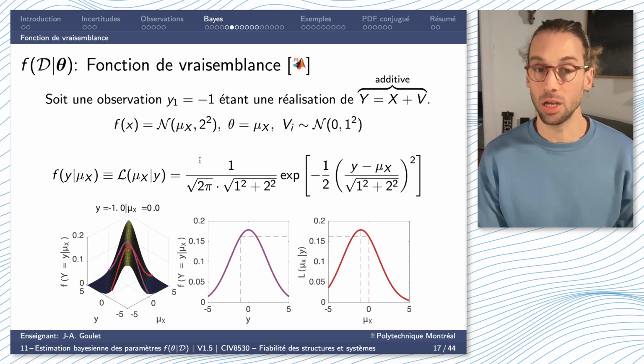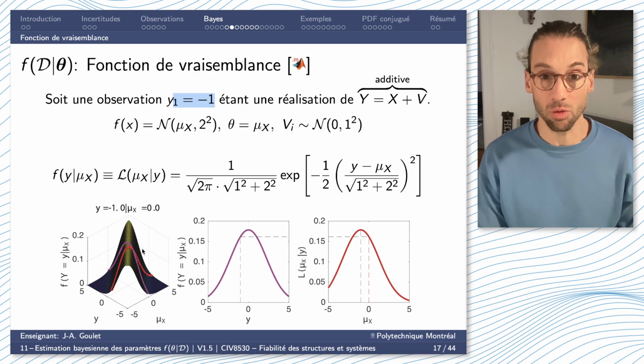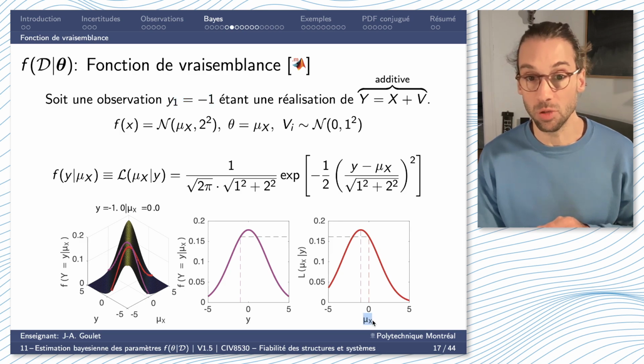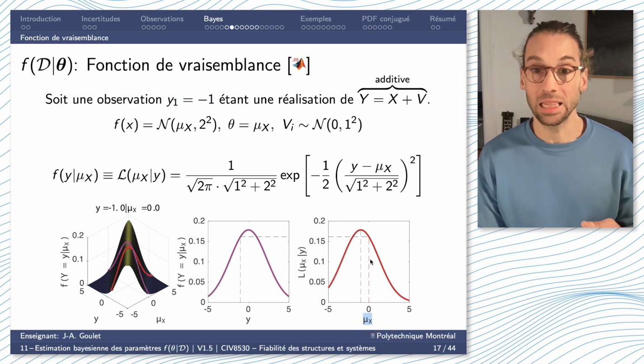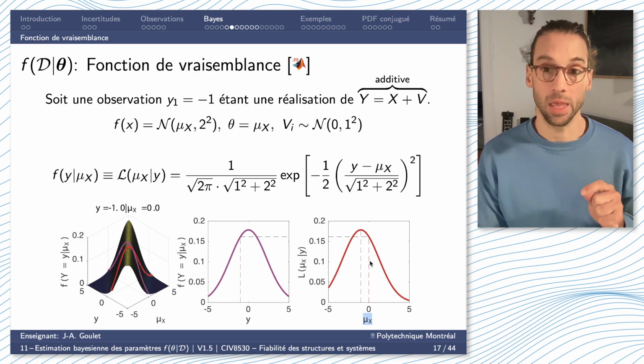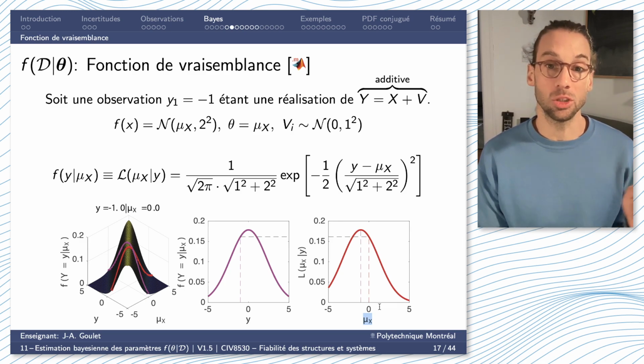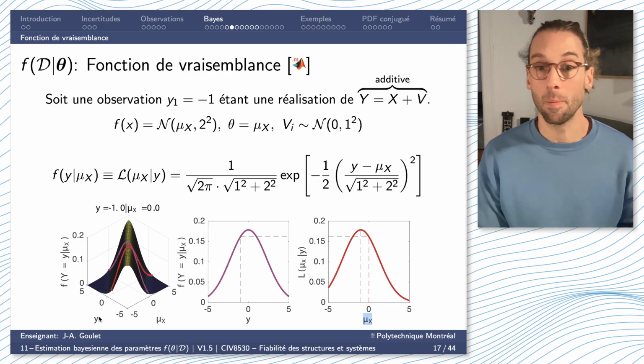In practice, once I have observed -1, I only have access to the slice represented here by the red curve, which represents, for each value of mu x, how likely it was to observe the observation -1.